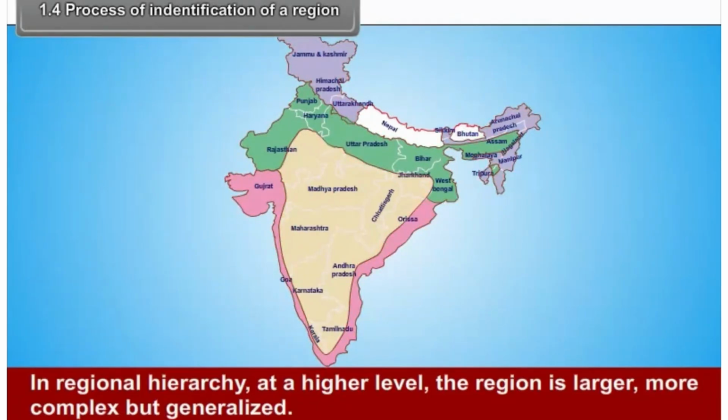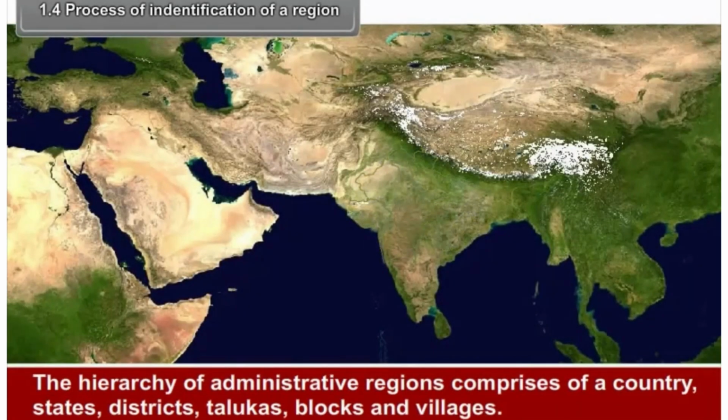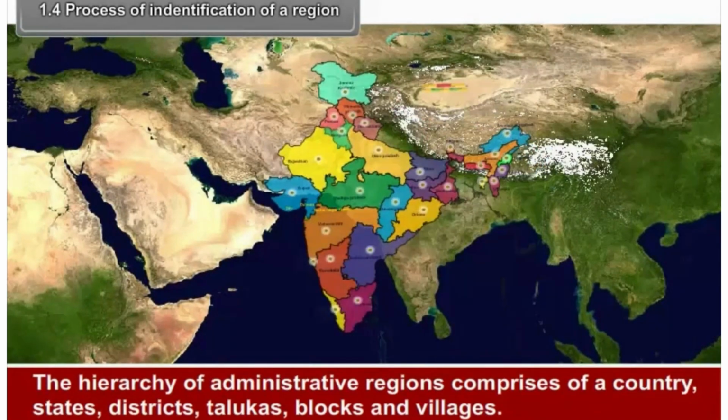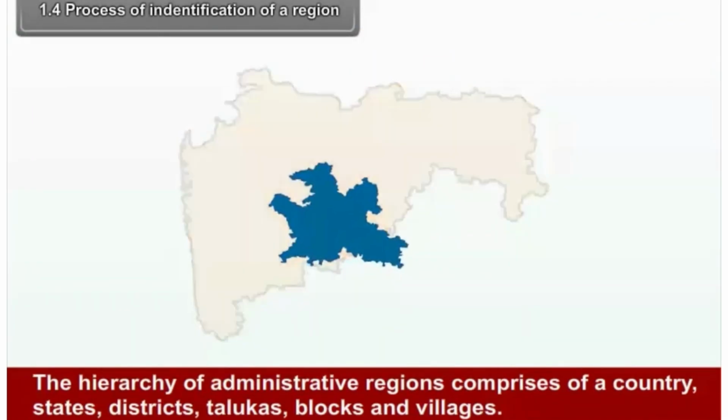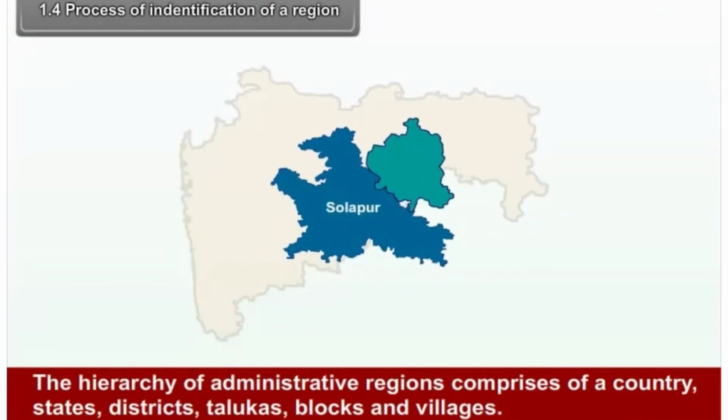In regional hierarchy, at a higher level, the region is larger, more complex, but generalized. The hierarchy of administrative regions comprises of a country, state, district, taluka, blocks, and village.